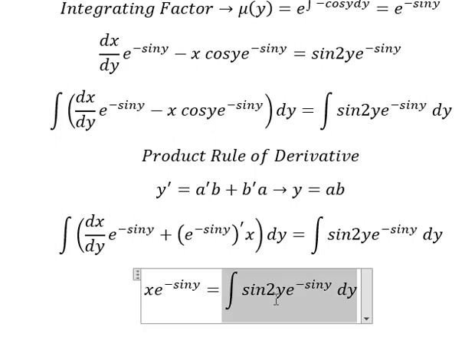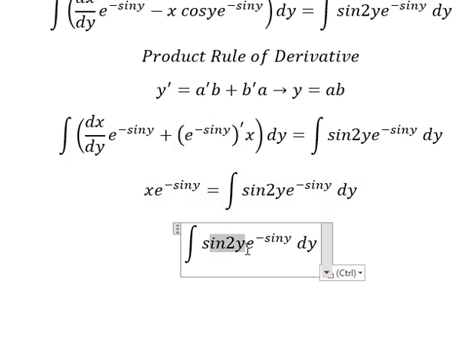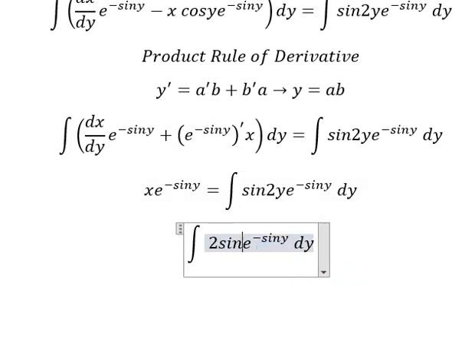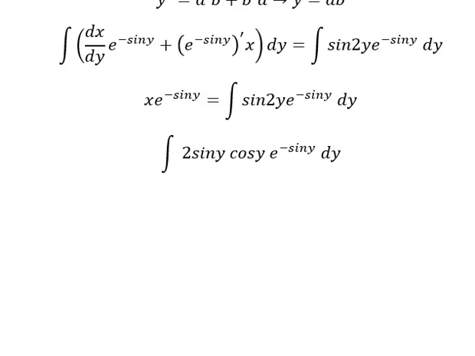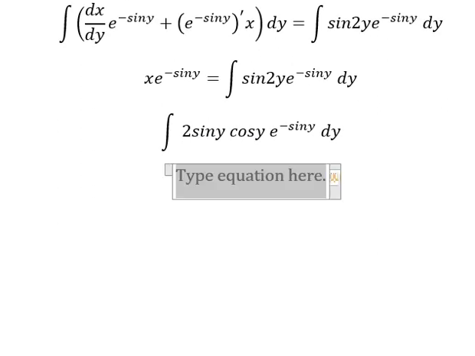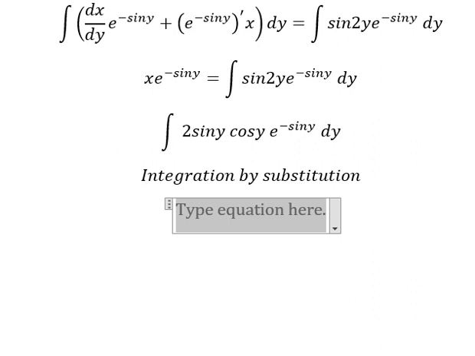Now, we need to concentrate on this one. Sine 2y is 2 sine y cosine y. Next, we can use integration by substitution. And now, I will put u equals negative sine y.